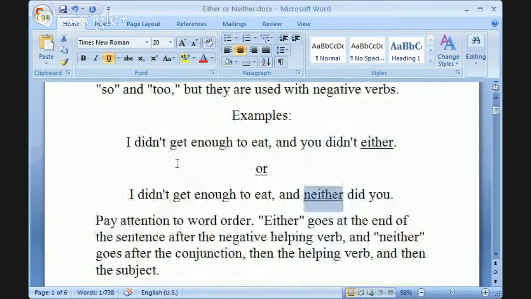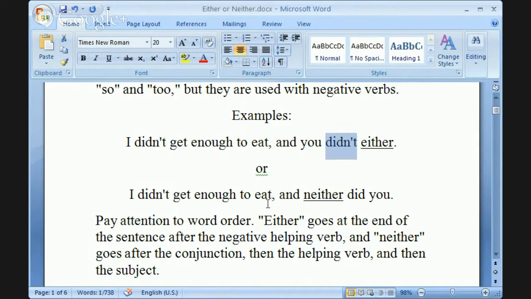Notice in my examples, you have to be very careful of the word order. The word order is always the same. We always use the same sentence construction. Either will go at the end of the sentence after the negative helping verb, which in this case, of course, is didn't.